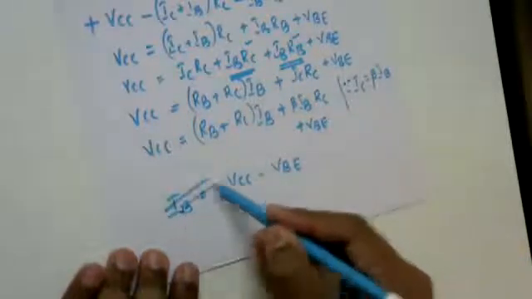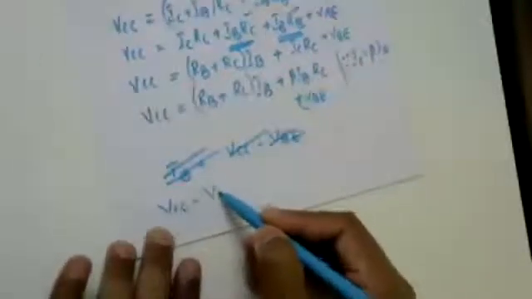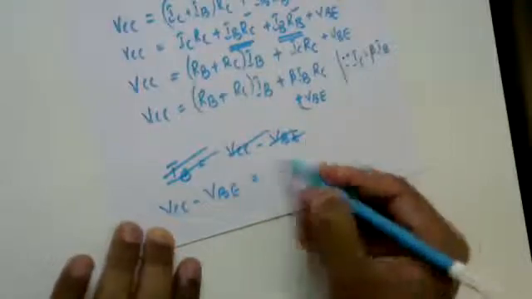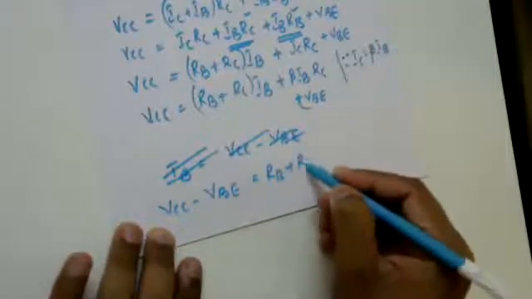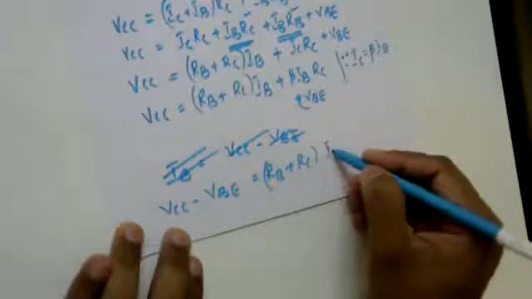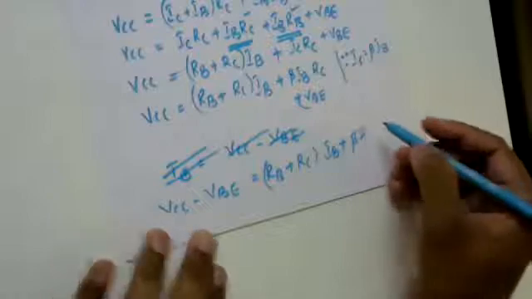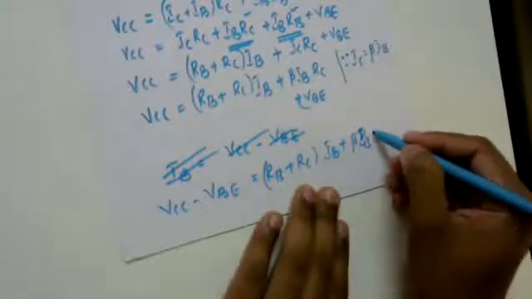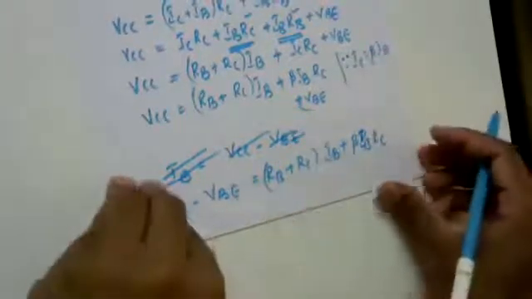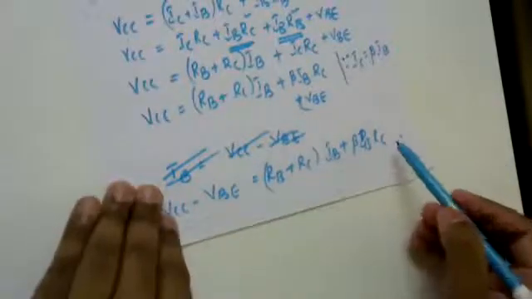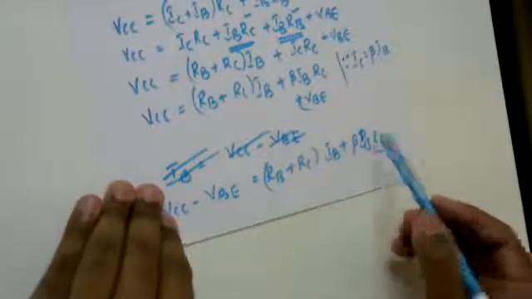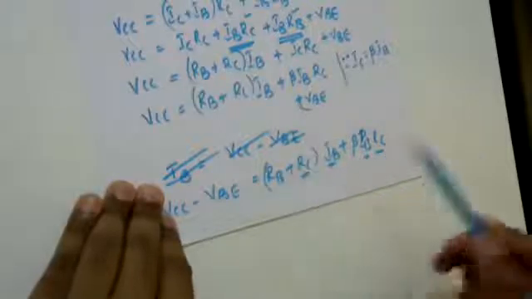If you want it stepwise, I'll write it stepwise only so that you will not get confused. So VCC minus VBE is equal to (RB plus RC) into IB plus beta times IB times RC.